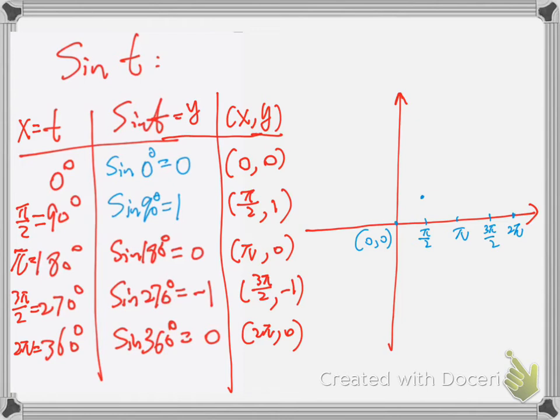When x is pi, it's 0, so this is the third point. The next point is 3 pi over 2, negative 1, down here. And the last point is 2 pi, 0, on the x-axis. Connecting these 5 points, this is the curve we got for sine t.